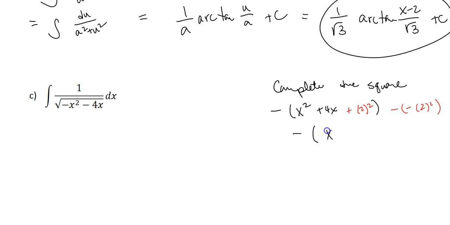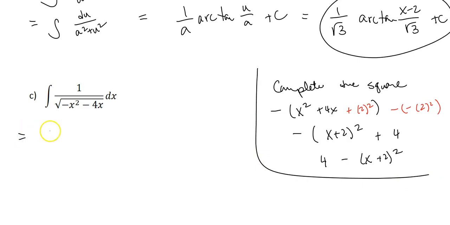So this is negative x plus 2 squared plus 4, or you could write this as 4 minus x plus 2 squared. So this is the integral of 1 over the square root of 4 minus x plus 2 squared.